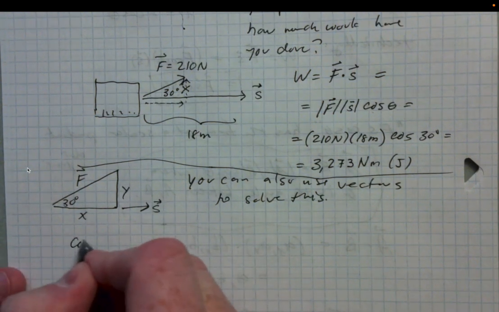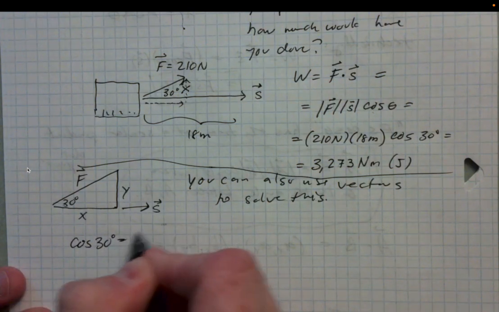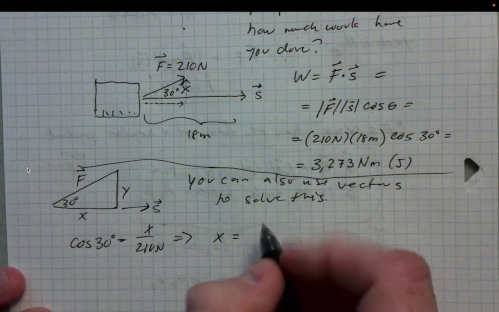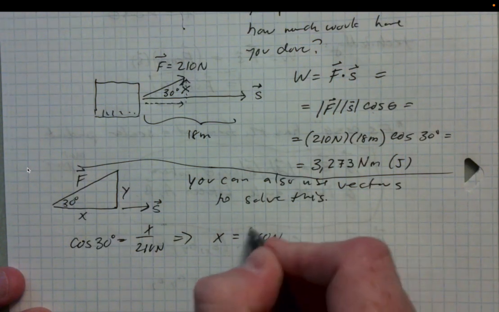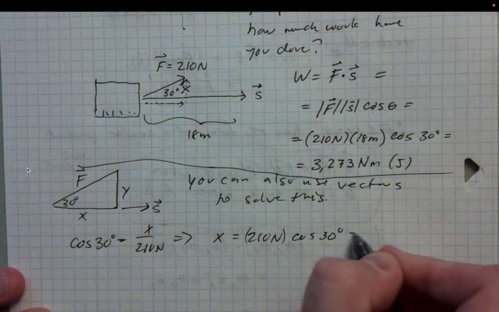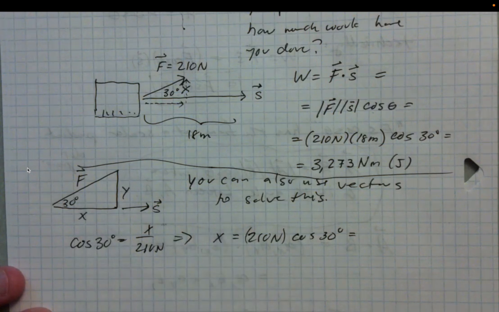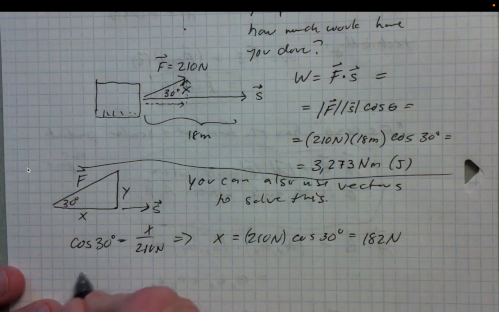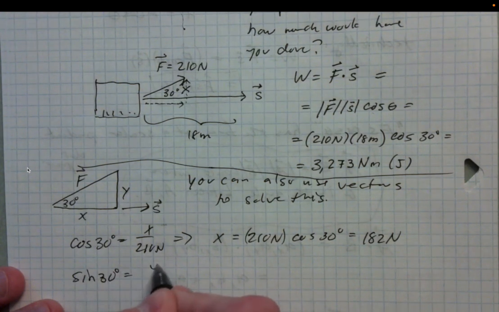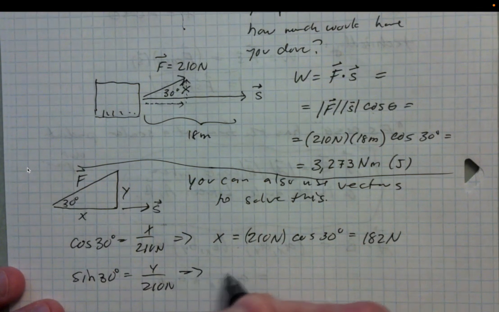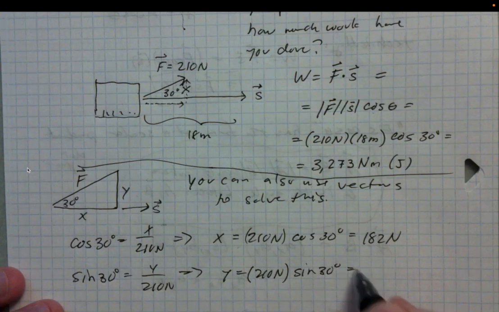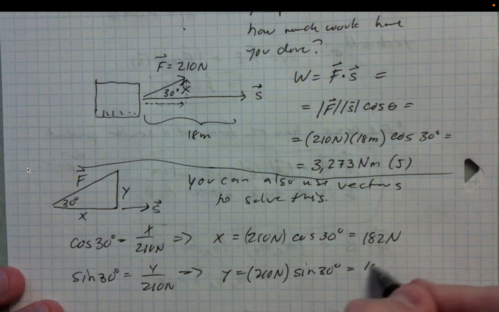Well, cos 30 degrees is x over 210 newtons, which means x is equal to 210 newtons times cosine of 30 degrees, so my x component of the force is 182 newtons. Sine of 30 degrees is y over 210 newtons, so my y component of force is 210 newtons times the sine of 30 degrees, which is 105 newtons.